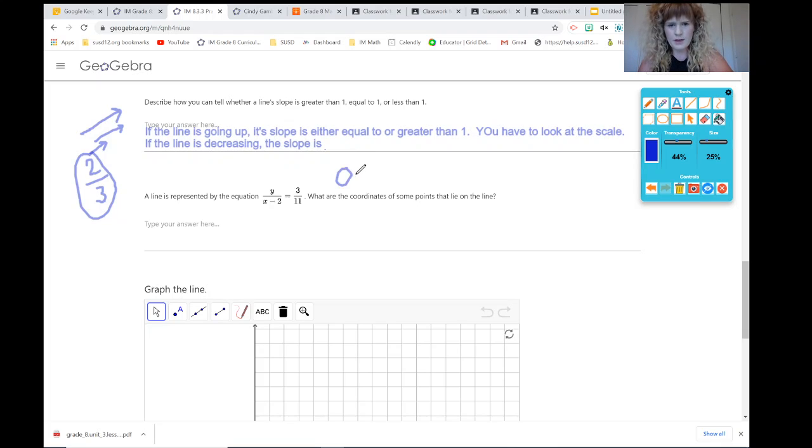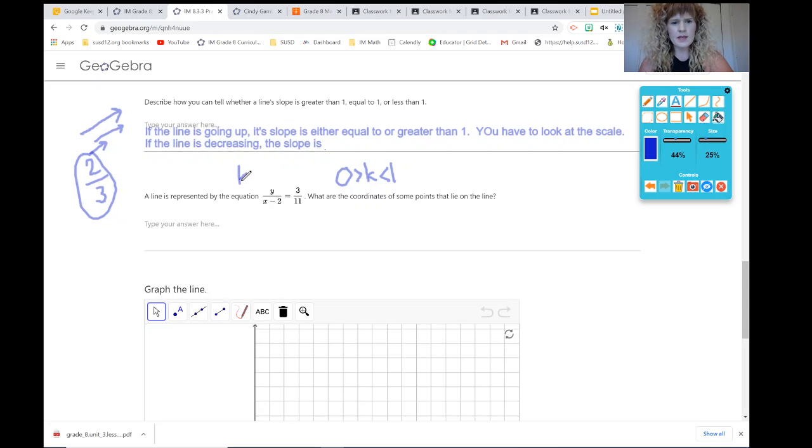Okay, wait. Okay, we could have a slope that is between 0 and 1. So the slope is k. The k is greater than 0, but it is less than 1. Okay, that's one scenario.